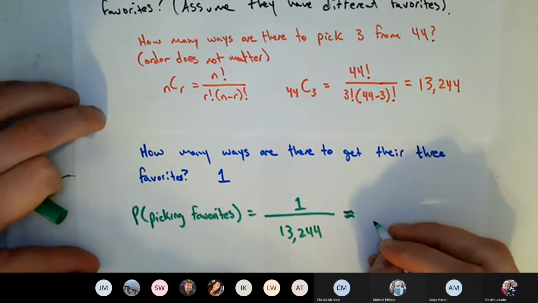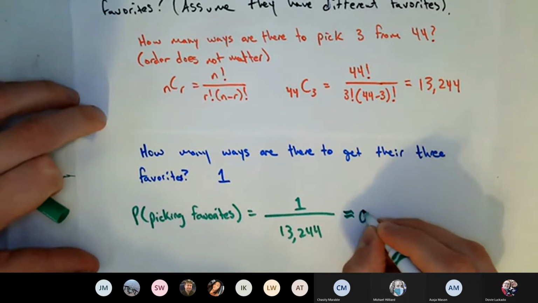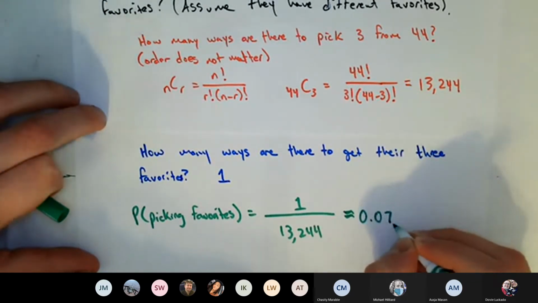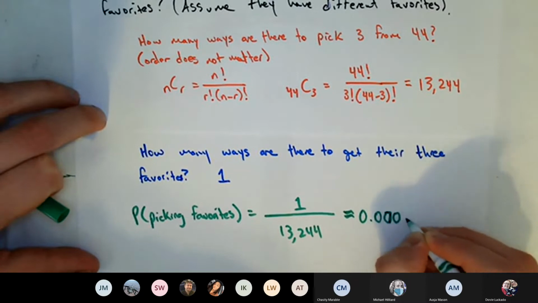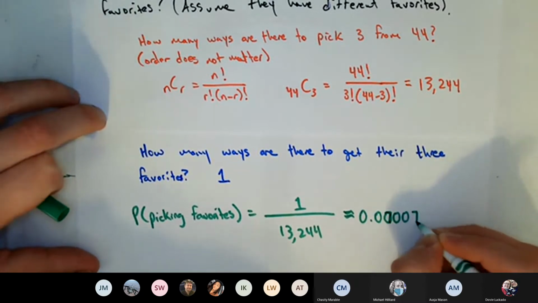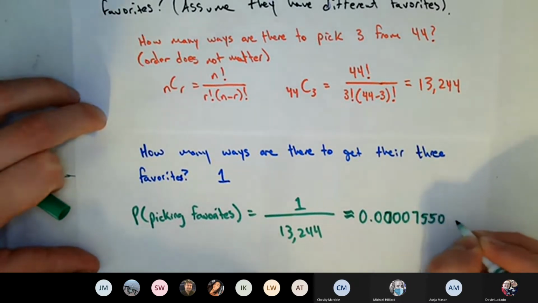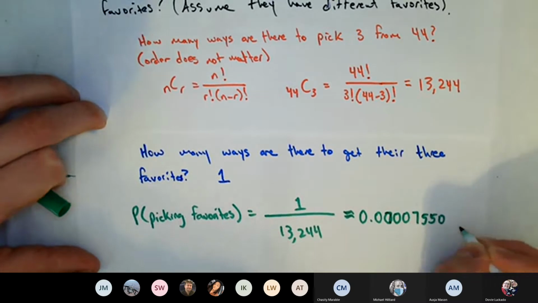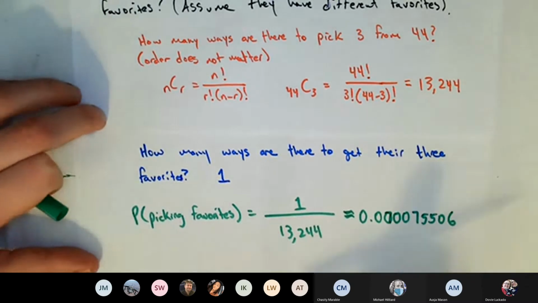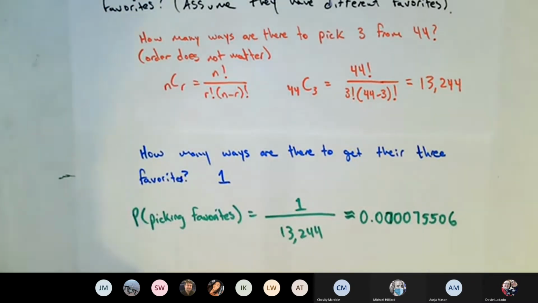Okay, so I'm getting 0.0007550.6, I'll say. I need enough digits to be able to round to the nearest millionth, because they wanted me to round to the nearest millionth.